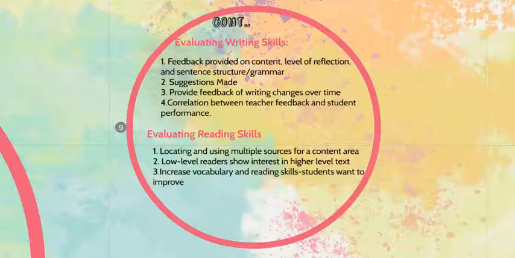Then suggestions are made, which will help to improve, or they are given more prompts to help them think more deeply about the information or the content if they're struggling with that. And then feedback over time is provided concerning the changes that the students have made from the previous suggestions.